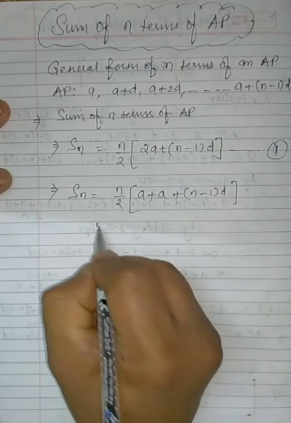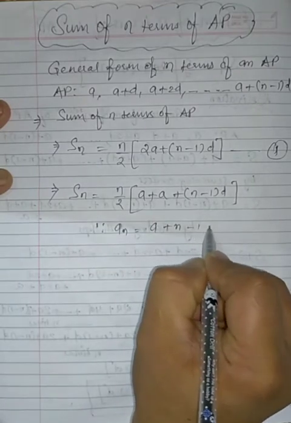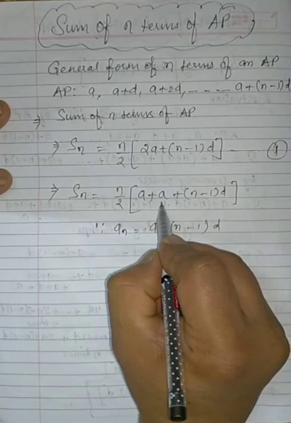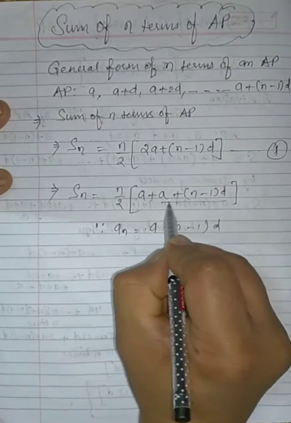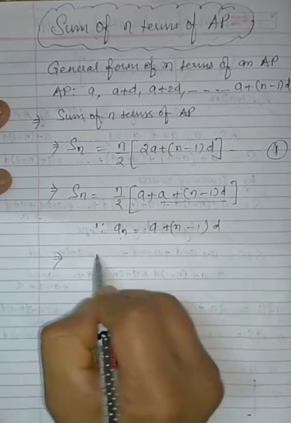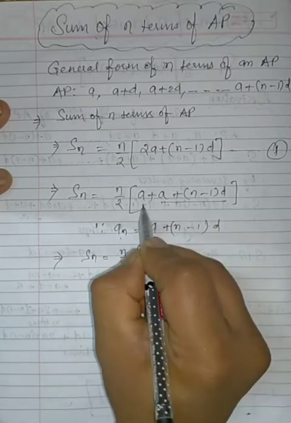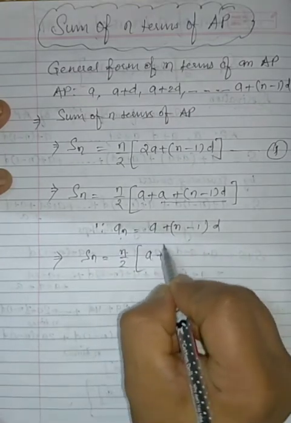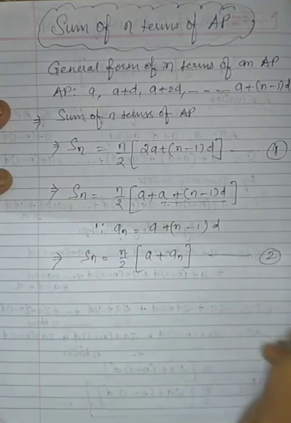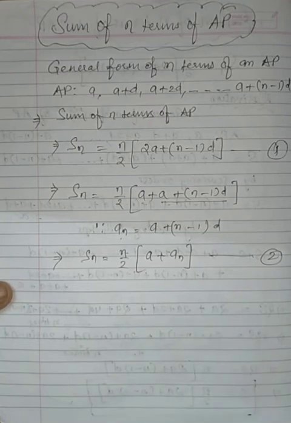Now since we know that an equals a plus (n minus 1) into d, in place of this we can write an. So the formula alters and gives us n by 2 into (a plus an). So in some questions we will be using this formula.